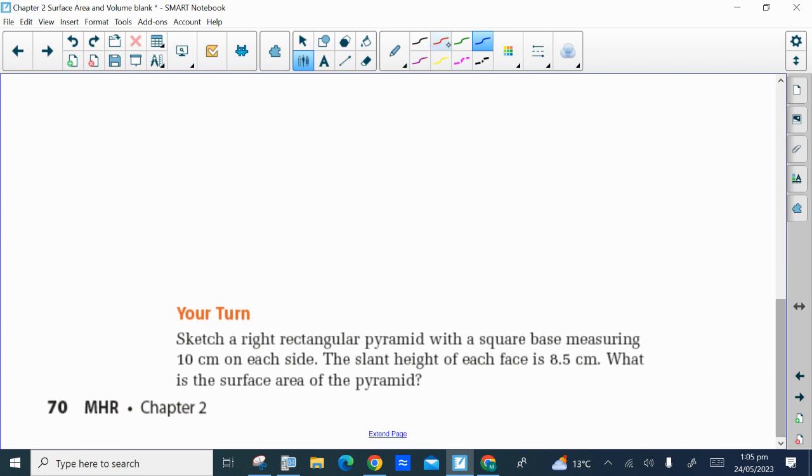Now this next one on the bottom has a square base, which means that the length and width are the same, and because the length and width are the same, the slant heights are the same as well. So in this case, if we start with the original formula, the length and width are both 10 centimeters, the slant heights are both 8.5 centimeters.